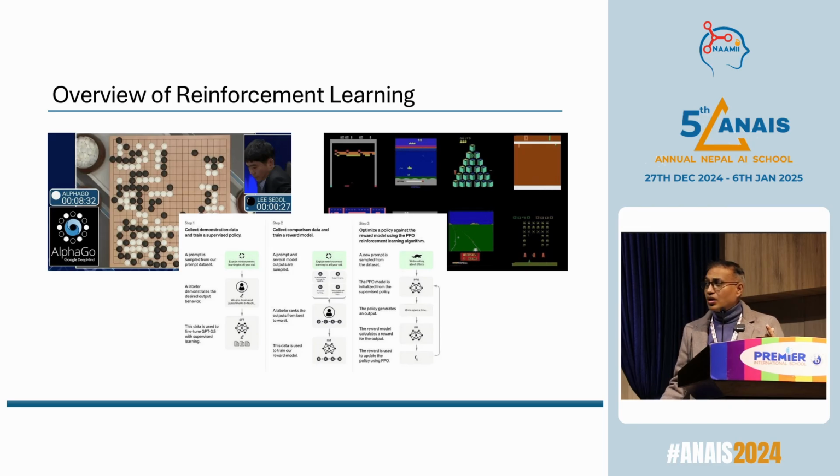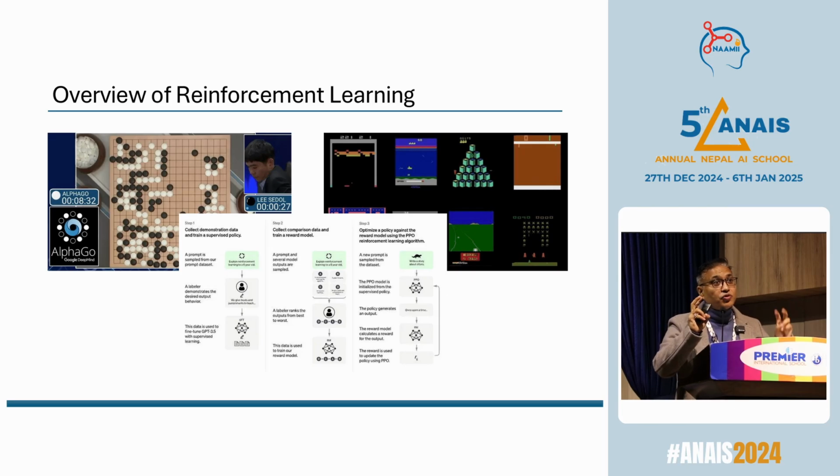But then again, with these two examples, what I'm trying to say is that supervised learning is one paradigm which is very different from this RL concept. How RL trains the agent is different from how supervised learning works and how unsupervised learning works. RL works via the trial and error concept.